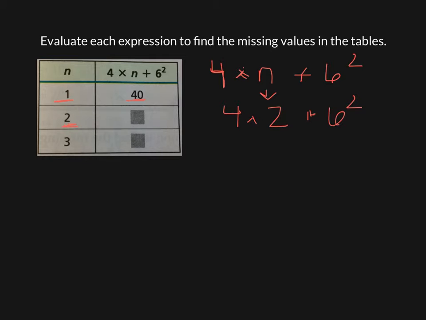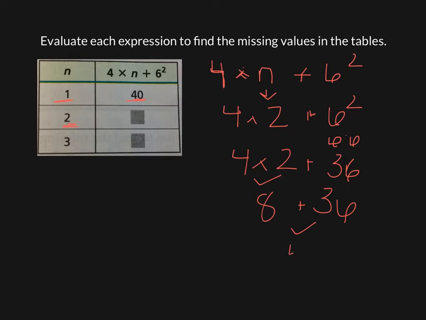Okay, so 6 squared again is 6 times 6, which is 36. Then I need to bring down my 4 times 2 plus. All right, so now I'm going to do my multiplying. That'll be 8 plus 36, which is 44. So in the box, we'll write 44.